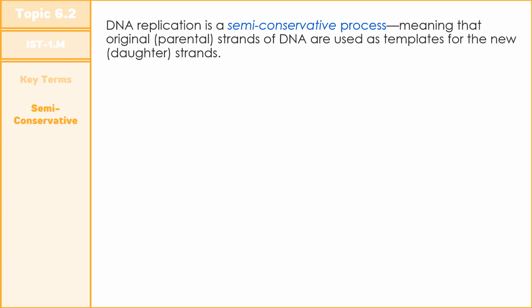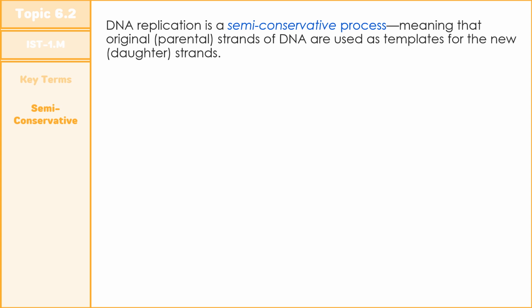So when we say that something is conservative, that means that everything is conserved, that we're keeping the same things from before. Well, when we have something that is semi-conservative, we're keeping parts of the original and creating new parts to go along with those. So in this process, we have these original parental strands of DNA that we're going to use as templates.